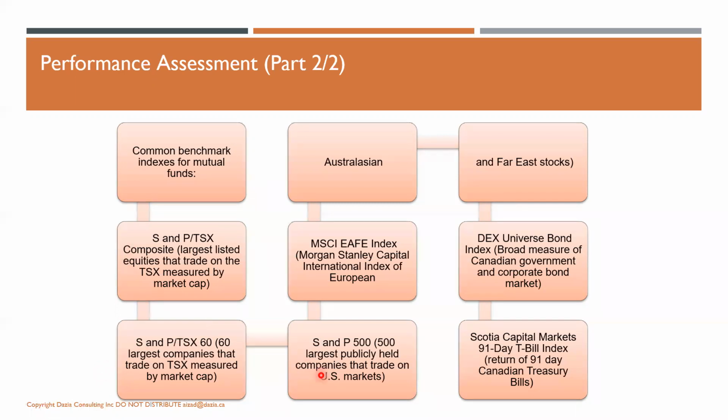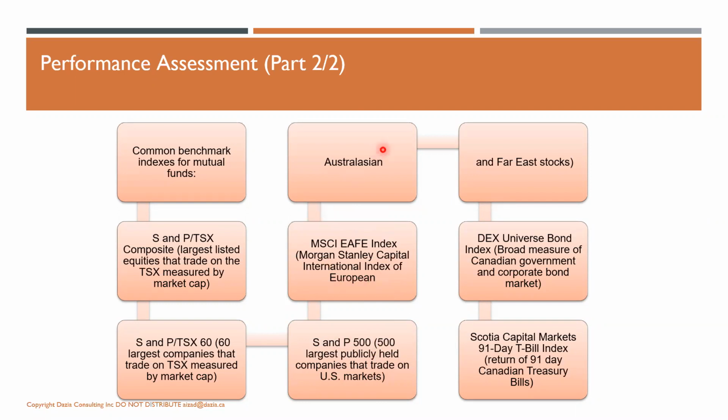Then there's the S&P 500, which is 500 large US companies. And there again, if you have invested in a US mutual fund, you want to compare the returns with the market through the S&P 500. Then there's the Morgan Stanley Capital Index for Europe. Obviously, if you are invested in a European mutual fund, you want to compare it with this index.